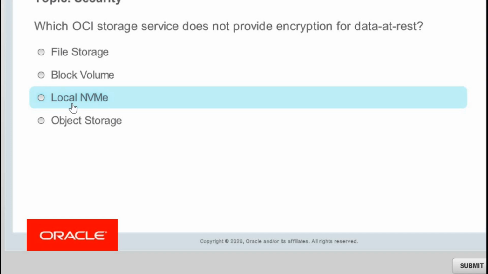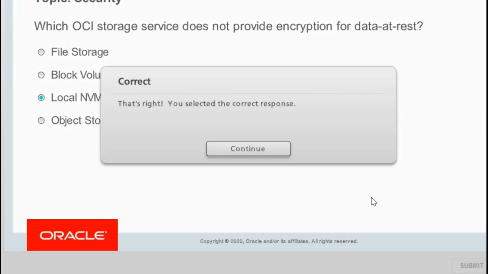This is just like any other storage of the instance. It's not something you choose separately. You just have to choose a dense volume, and this storage doesn't provide encryption for data at rest. If you want to encrypt, you have to encrypt by yourself by choosing Linux tools. So local NVMe is the answer for this question. In local NVMe, we don't provide the encryption. I press the submit button and see if it is right or not. So that is also a right answer.